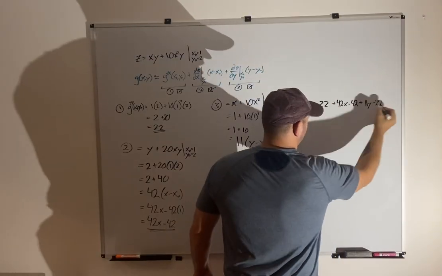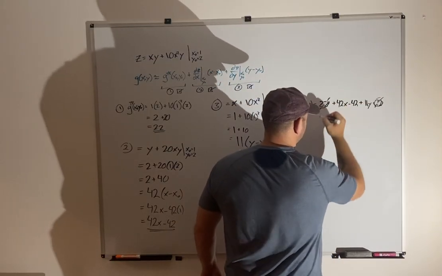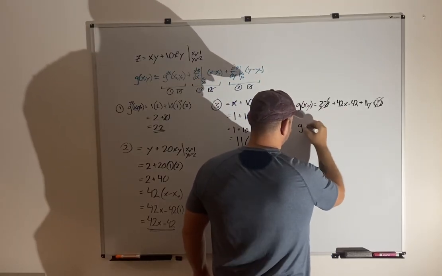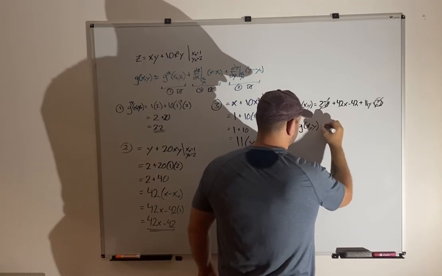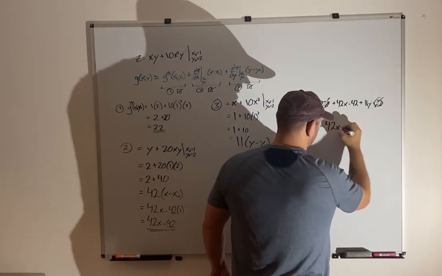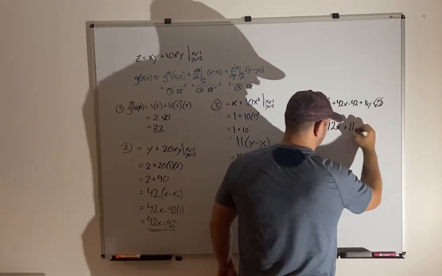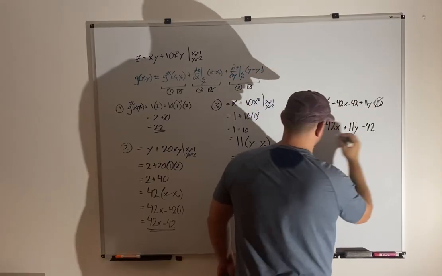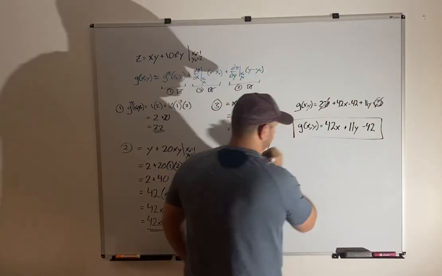All right, 22 there, 22 there, you guys are gone, and we're left with negative 42. Here we go, we've got g of x comma y equal to x term, 42x, y term plus 11y, constant term minus 42. Final answer.